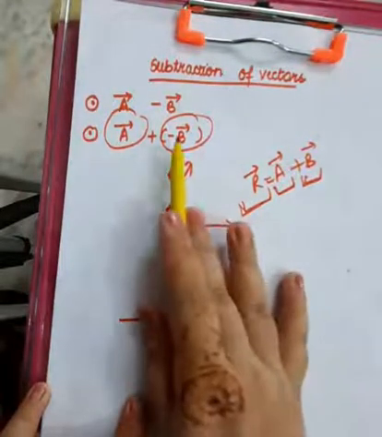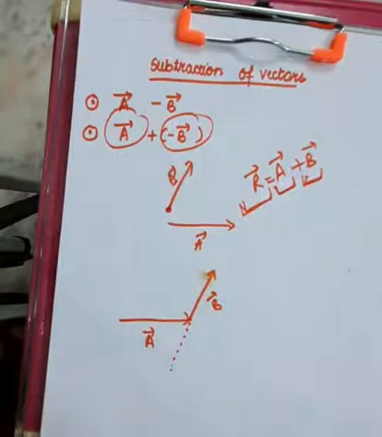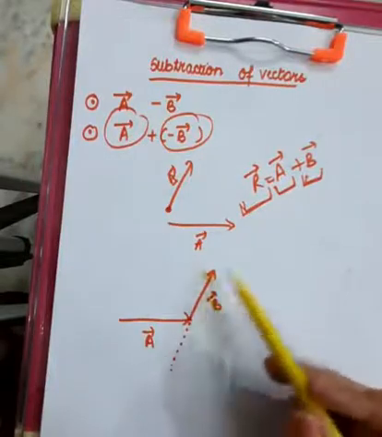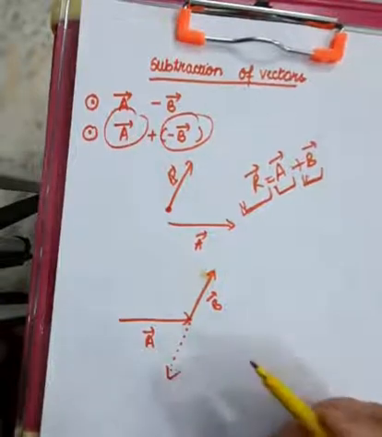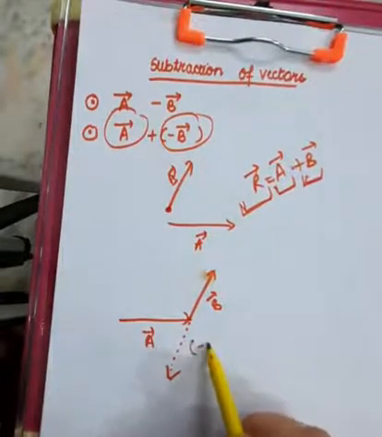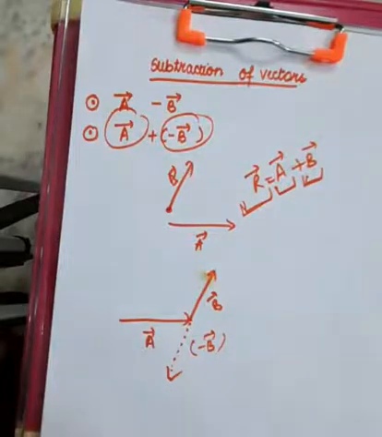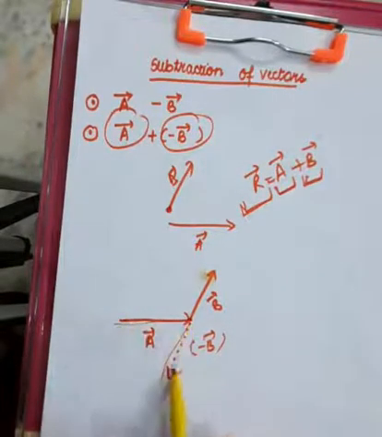Because minus B vector means negative B vector. Negative B vector means one vector which has exactly the same magnitude as that of B vector, but it has the opposite direction, like this. So this time these are the two vectors. This one is A and this one is minus B. And you need to find out the resultant of these vectors. And how will you find out? Can you see that these two vectors are in order?